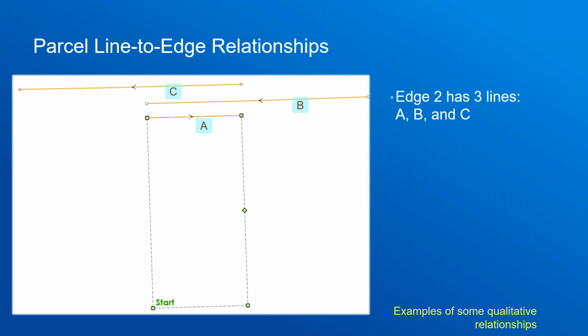We can use these parcel line to edge relationships for all sorts of other types of things through the API. But if in my example, I want to create a traverse, then I will need to filter out lines C and B because they're not of value to me. I only want the bearings and distances on line A.